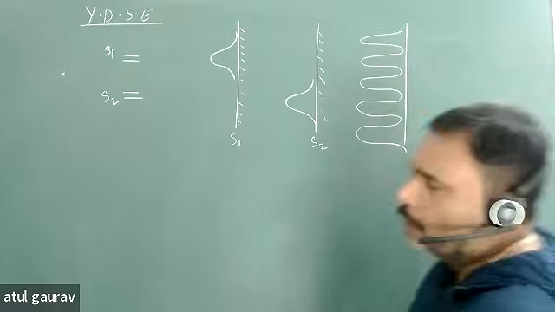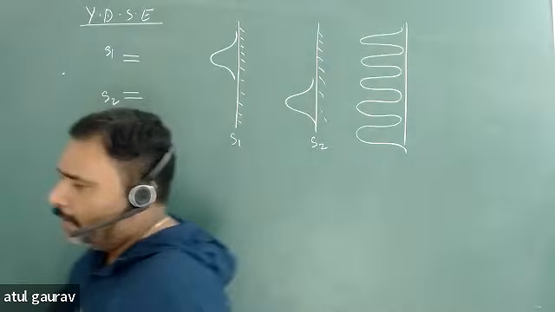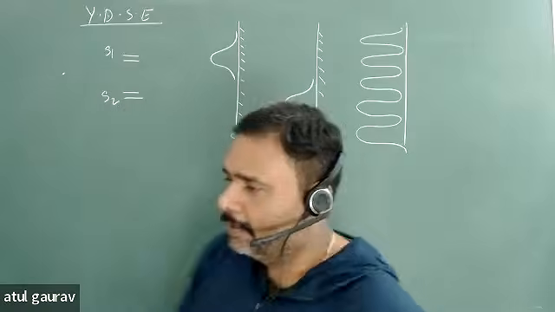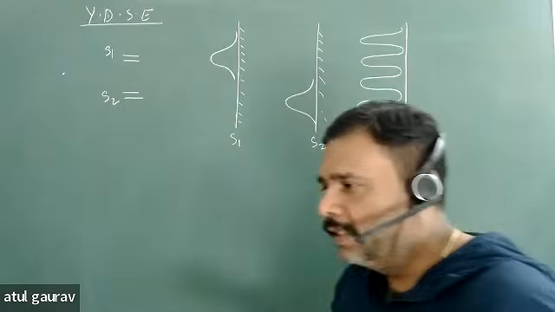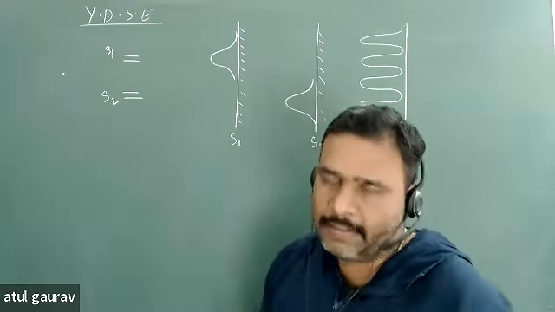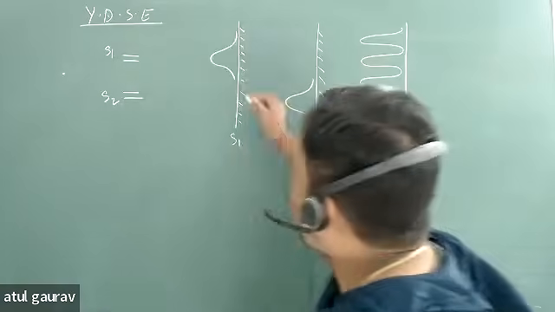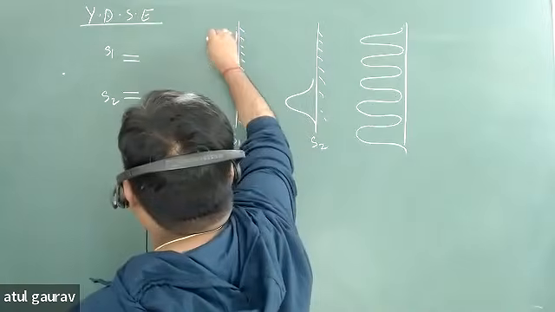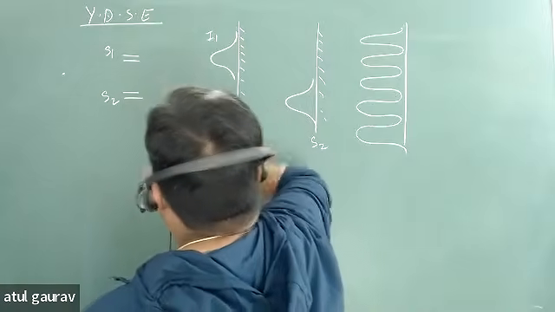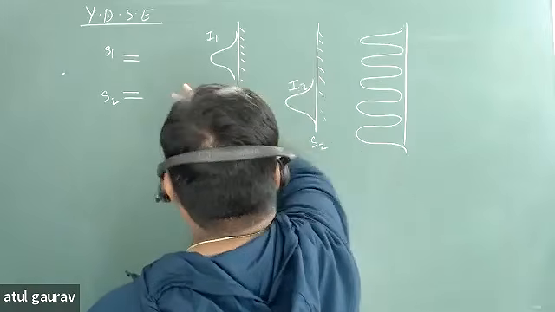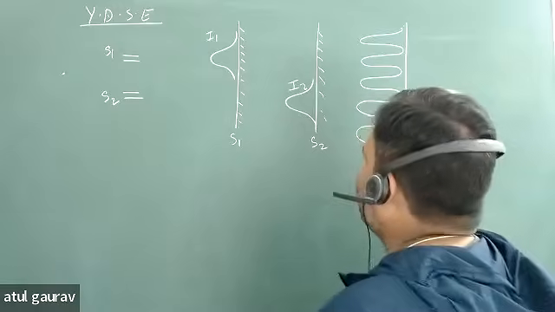And this theory is well explained by Young, and he gave the concept of interference. ऐसा था ना? याद है? And what will be the intensity? Suppose this intensity is I1 if it is passing through slit S1, and this intensity is I2 if it is passing through slit S2.